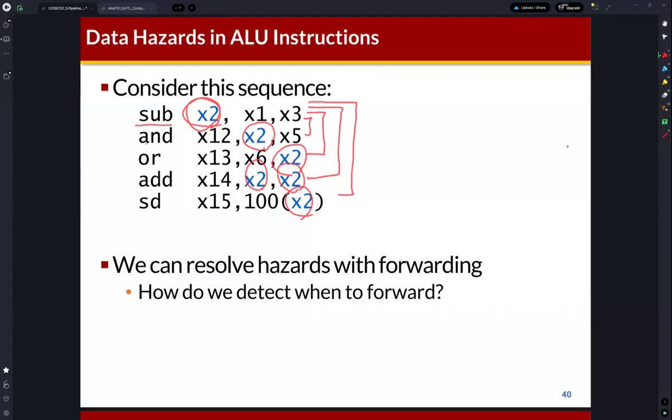Then how can we handle data dependencies in the pipeline architecture? Actually, we can resolve data hazards with data forwarding, okay? What does that mean? We need to detect these data hazard cases in the pipeline architecture, and then apply data forwarding in order to address these data hazard issues, right?